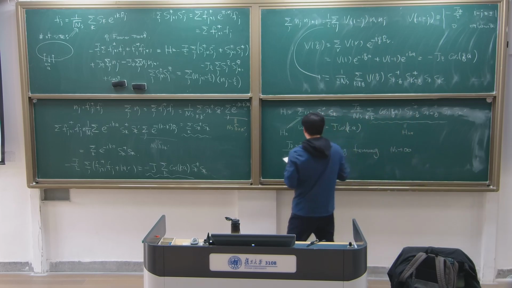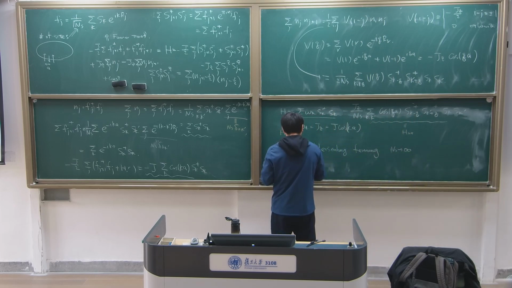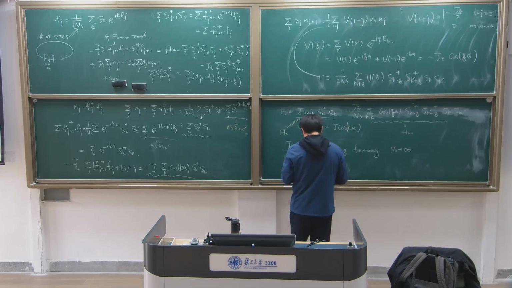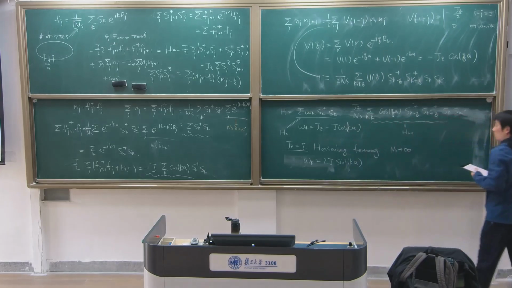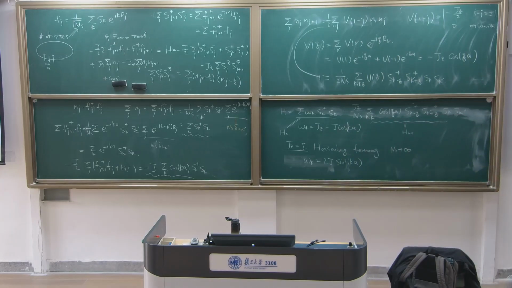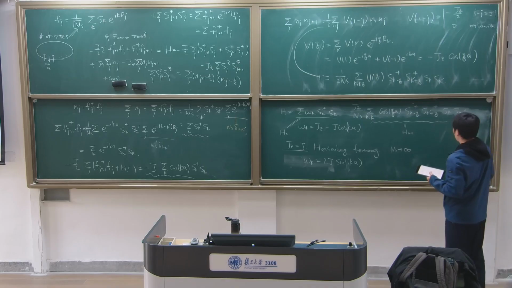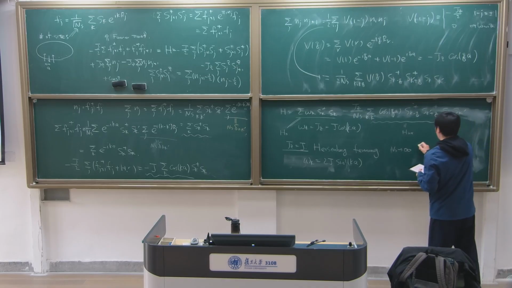So then you ignore this term, and H0 is the ground state energy. The spectrum is omega k, which is 2J times (1 minus cos k a). So this is the energy spectrum, and the energy spectrum looks like this way.